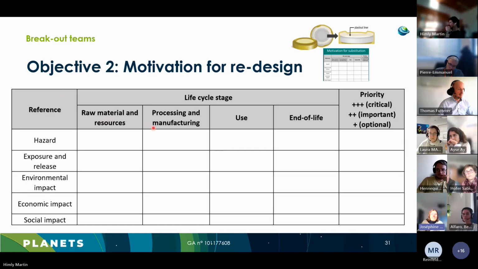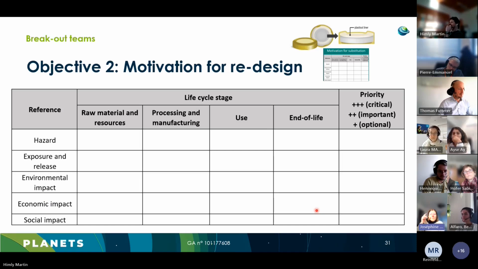As you can see on the top of the table, with the raw material and resources, processing and manufacturing, use and end of life. And the idea is to create a list of primary performance or functionality needs to ensure that any alternatives meet the same criteria while minimizing negative impact.